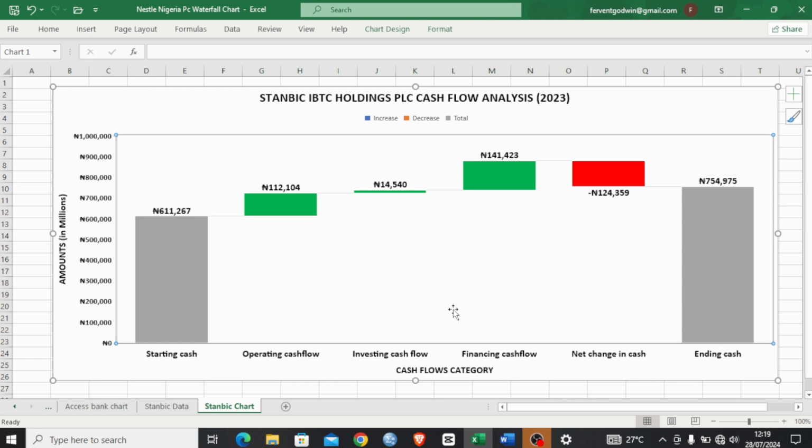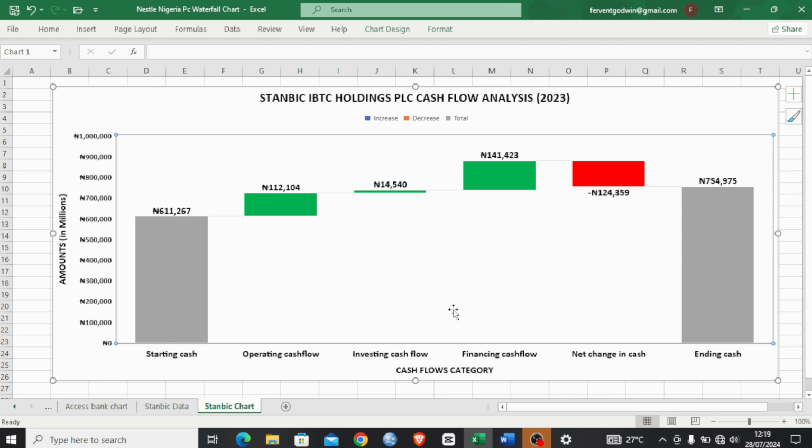All right, so before we dig deep into what this chart is communicating, let's see what cash flow actually is. So what is cash flow analysis, if we may ask? Cash flow analysis is the process of evaluating a company's ability to generate and manage its cash over time.